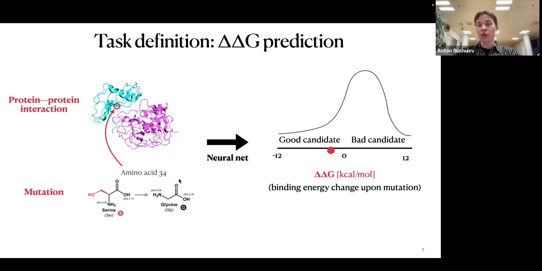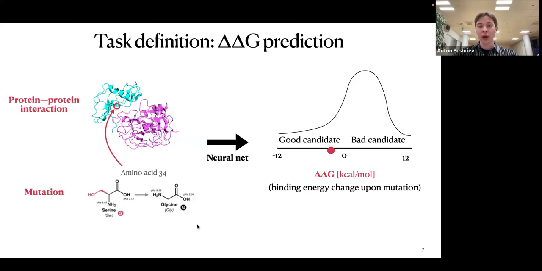And then we also want to tell our neural network that we are interested in a mutation of amino acid 34 from this protein in blue. And we know that the native building block or amino acid there is serine. And we are interested in what the binding energy would be if we mutated to glycine.